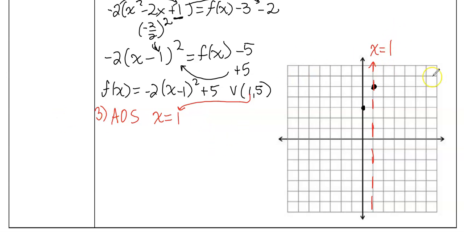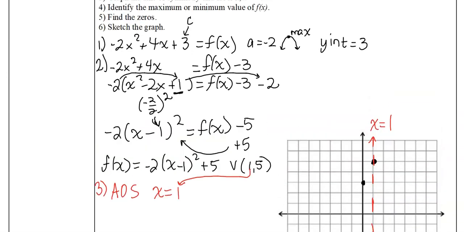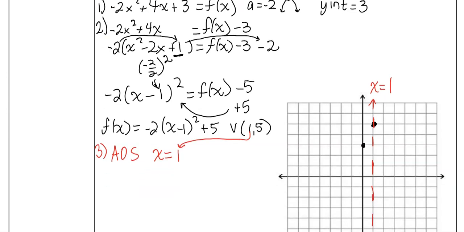So there we have that. So that's done. All right, then the next question is a test question. So we definitely want to make sure that we can do this. It says identify the maximum or minimum value of y. Now we've already determined that our parabola opens down, so our vertex is our maximum, right? And our maximum here, our f of x, is equal to 5.